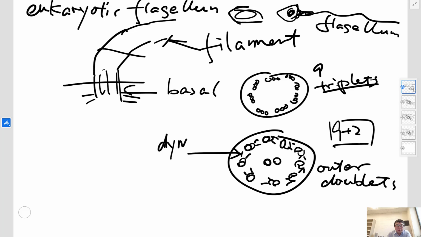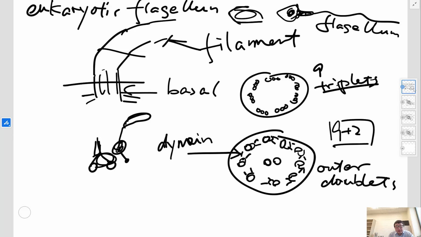They call it dynein. Dynein is one of the motor proteins. This is a motor, and this is a stalk, and then there's a tail.